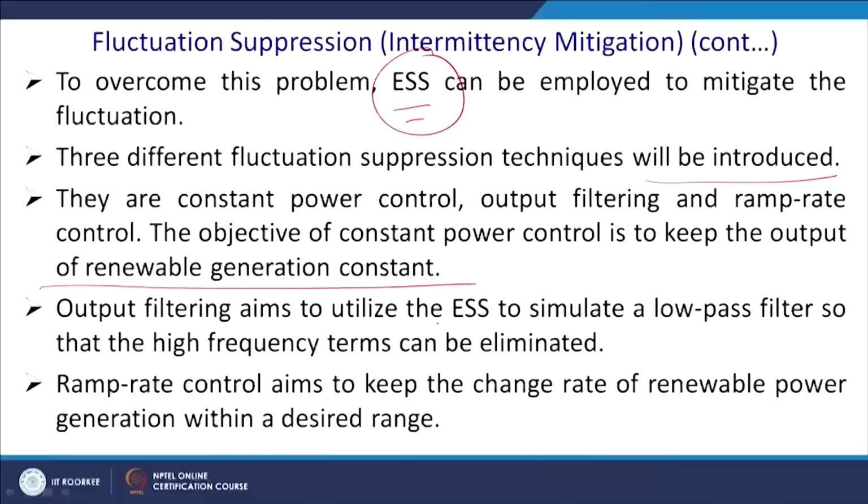The objective of constant power control is to keep the output of the renewable energy constant. That is something we require to do in case of constant power. The output filtering aims to utilize the ESS to simulate a bypass filter, so that the high frequency fluctuating part of the load can be eliminated by this storage element.